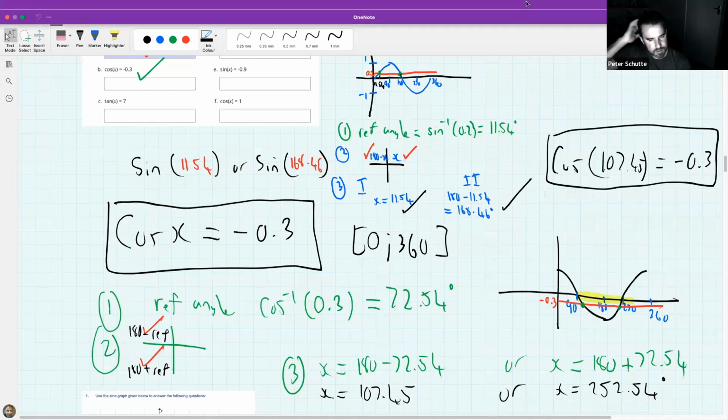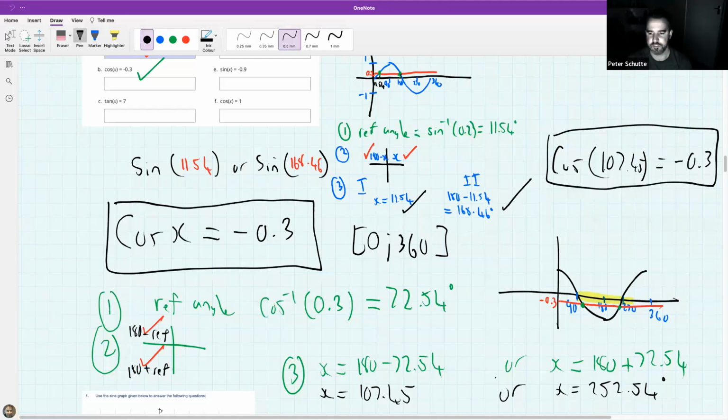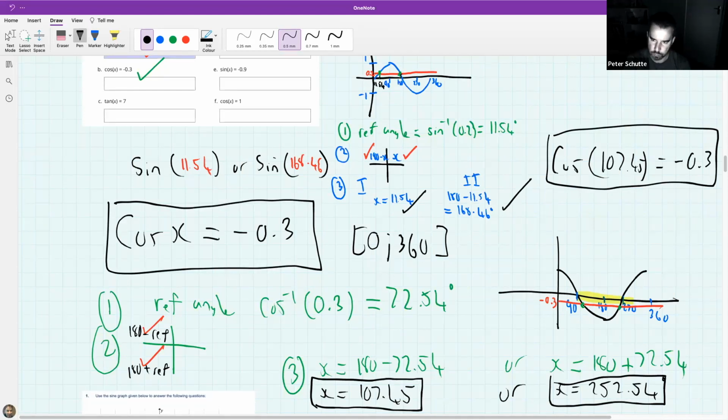Now, what's different about tonight is I really want to focus on, in previous modules, we've learned how to figure out the answer to a trig equation. And what I just want to emphasize a little bit more today is how, if we look at the graph, if we look at where cos x meets the graph of minus 0.3, the one answer is 107.45, which is the one that you worked out over here.